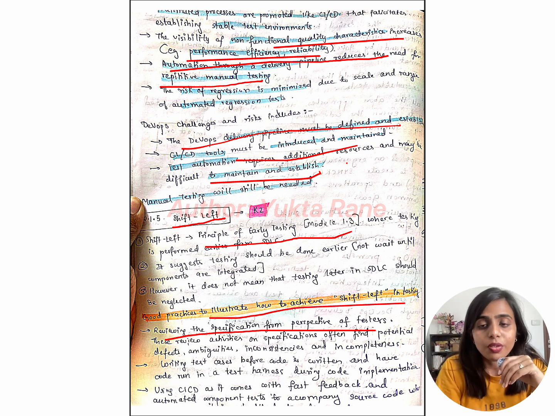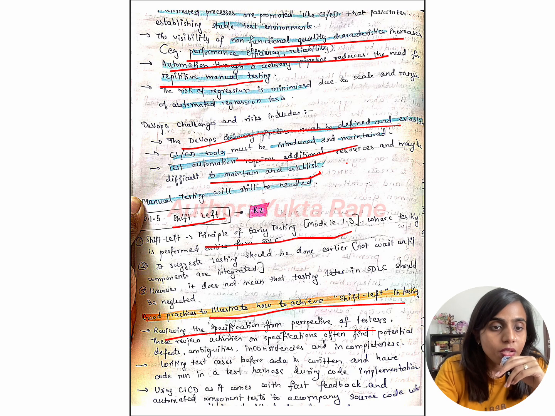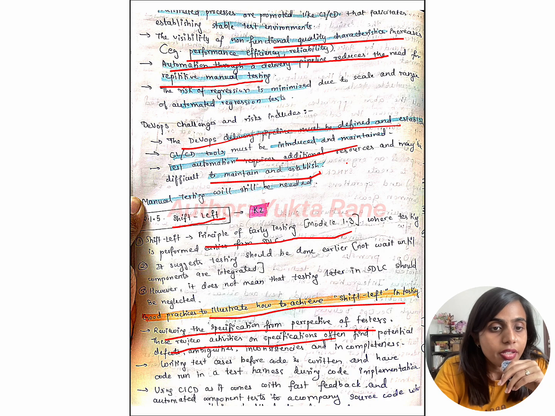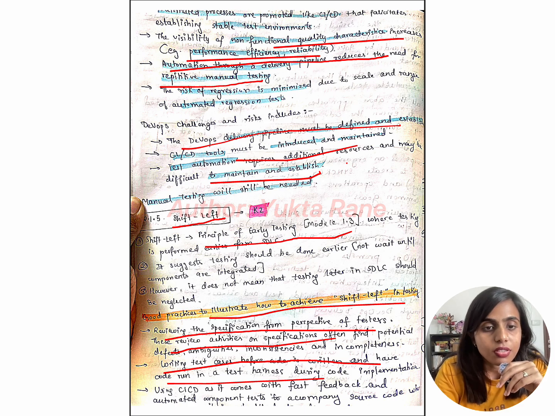The sooner you involve the testers in the activities, the more aware they will be and they can start testing right away. So they should be involved in reviewing the specification, and reviewing the code design, the system design, the global design, writing test cases before code is written, and having the code run in the test harness. This we discussed, right?